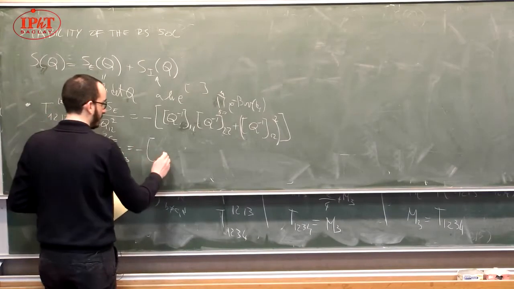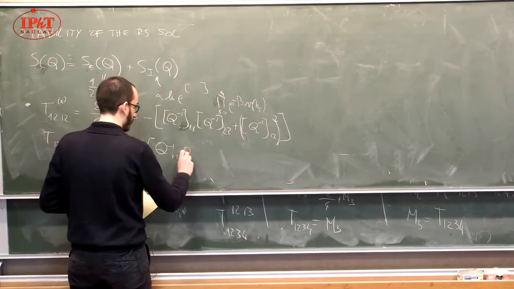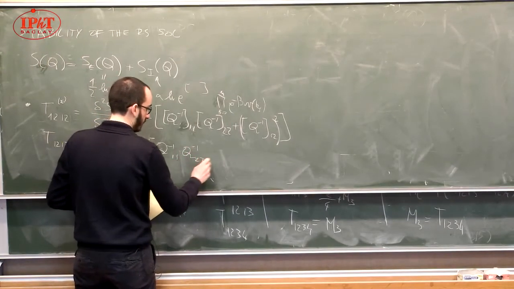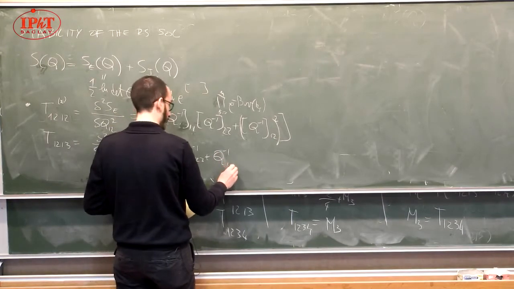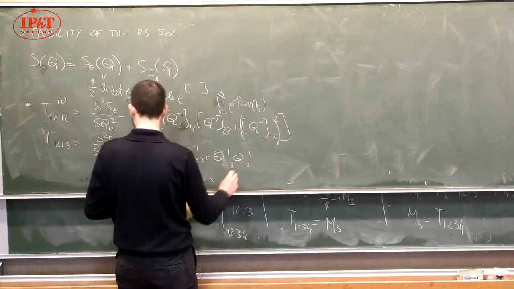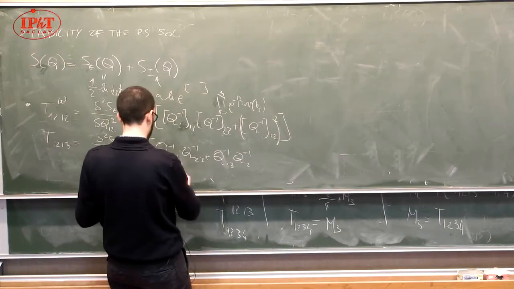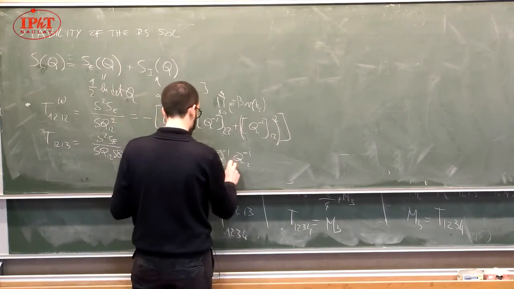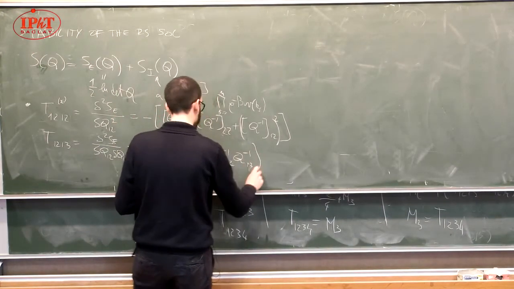And this is simple because it's Q minus 1, 1, 1, 2, 3, 1, 3, 2, 1, 2, 3, 1, 2, 1, 3. Hope it's okay.